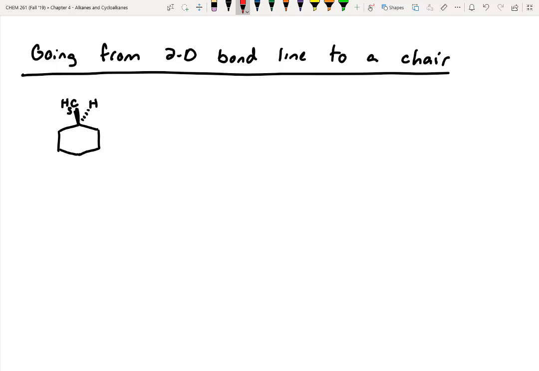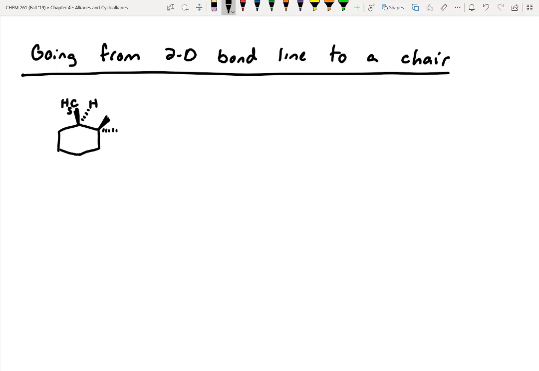Which is important to remember, right? This red dot, as I have it shown, is a tetrahedron. It's not planar, it's not flat. Therefore, we have to include dashes and wedges if we really want to understand all three dimensions that are going on. Let's do the next one. Next one, we'll do the same idea off this carbon.